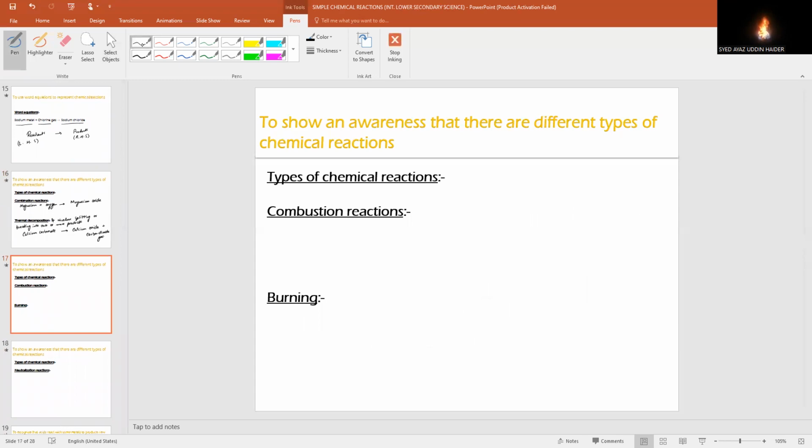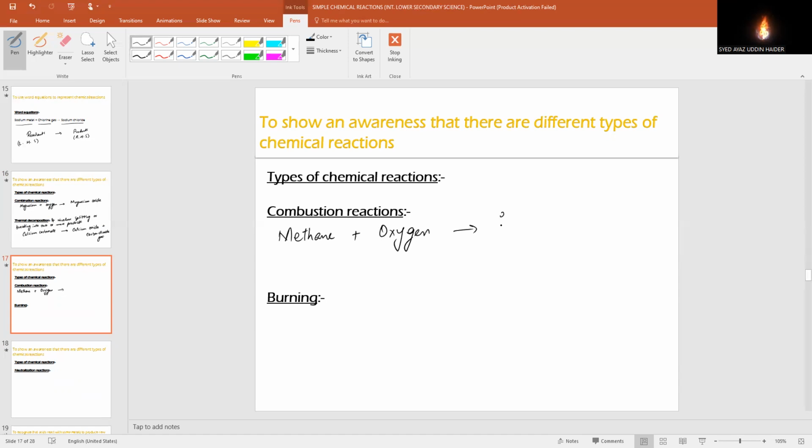Combustion reactions. These reactions involve the formation of two products, which are carbon dioxide and water. For example, we burn methane. Combustion is a kind of burning reaction. So whenever you combust methane, you are reacting methane with oxygen gas.